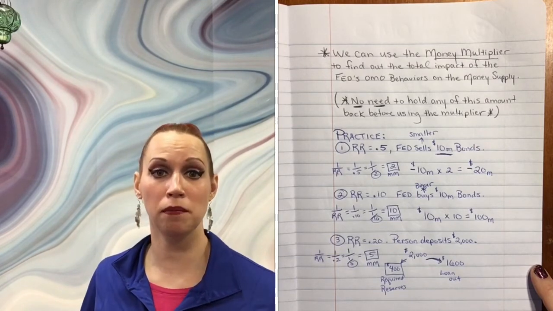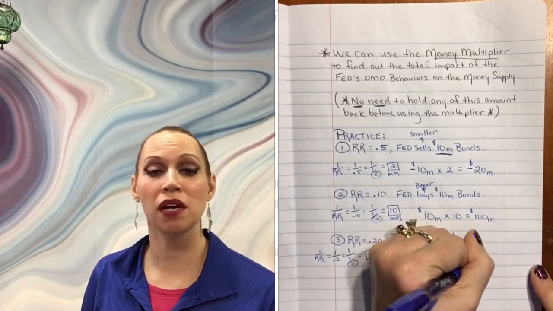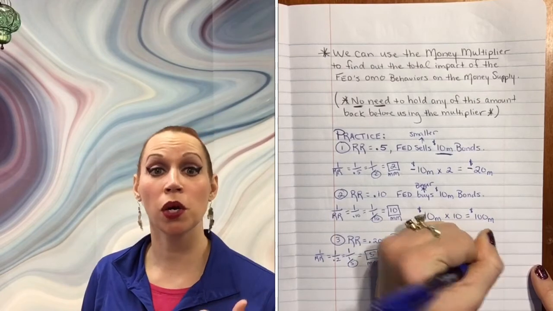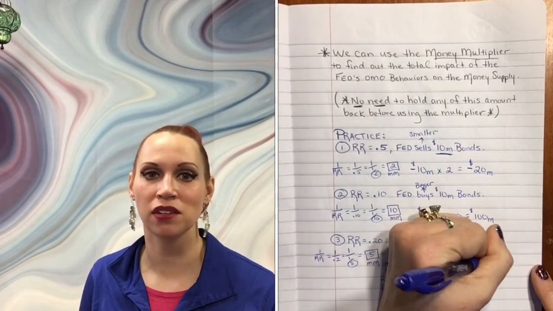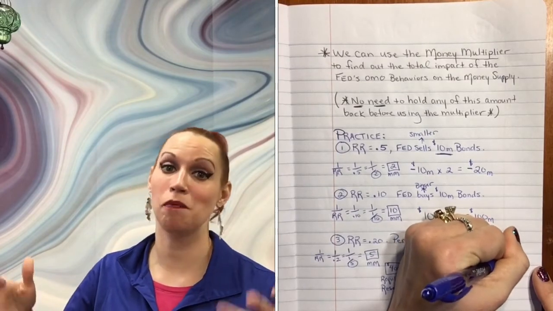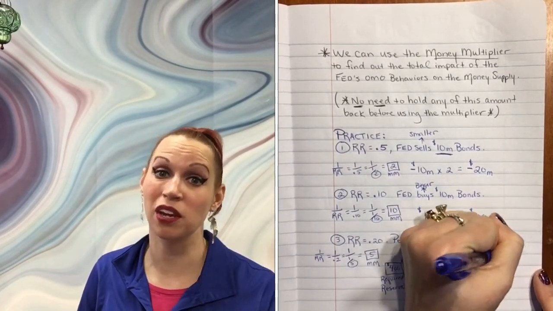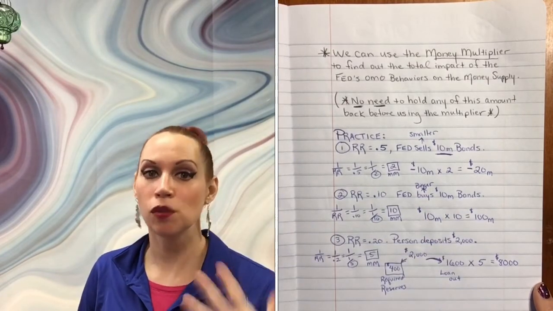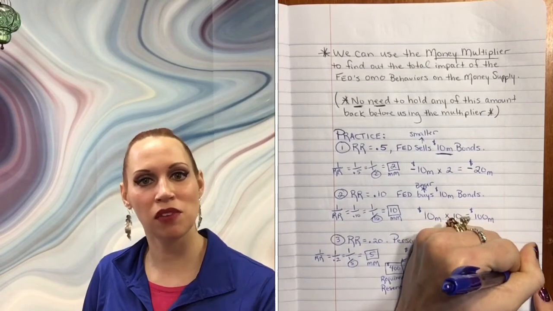How do we know the total impact that person's $2,000 deposit is going to be? Well, we're not going to do 2,000 times our multiplier of 5. We're going to do 1,600 times our multiplier of 5, because only 1,600 is the amount that the bank was able to loan out. So that's the amount of money that's actually going out there to be multiplied. So when we do 1,600 times 5, 16 times 5 is 80.